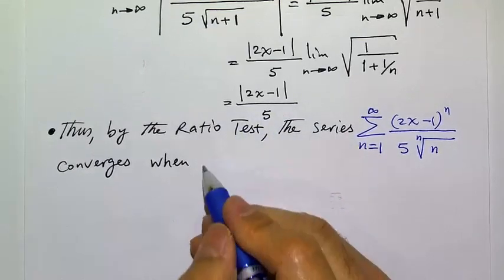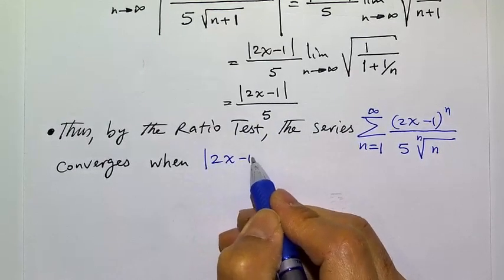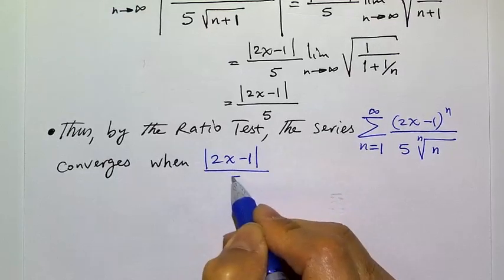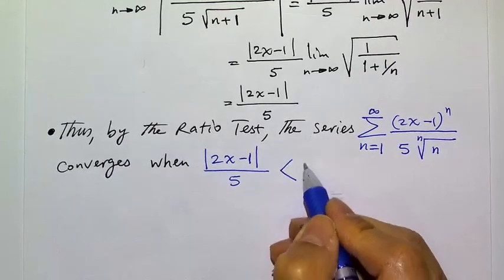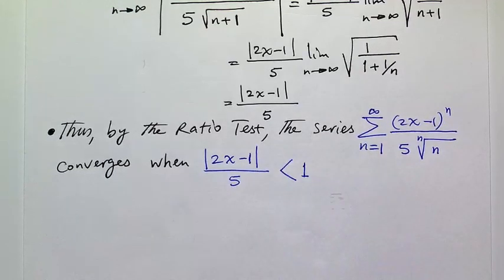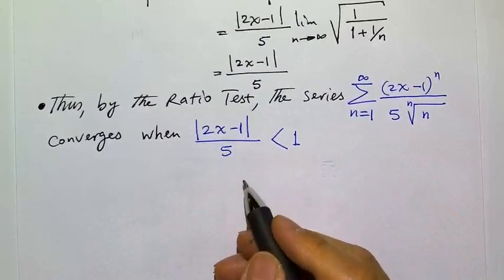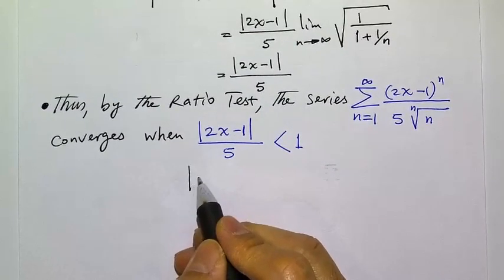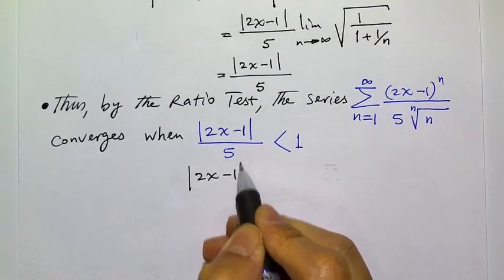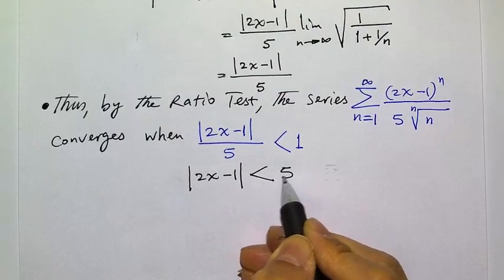It converges when that whole thing is less than 1. Of course, if we simplify this or manipulate it algebraically, we will get the absolute value of 2x minus 1 less than 5.